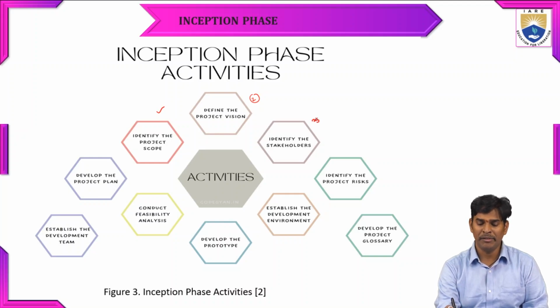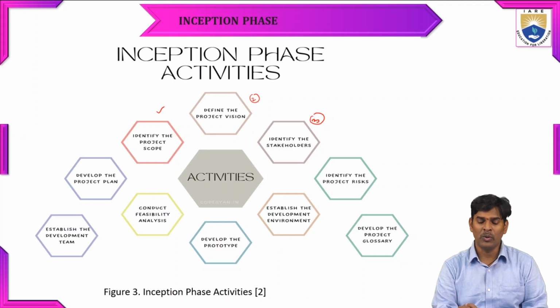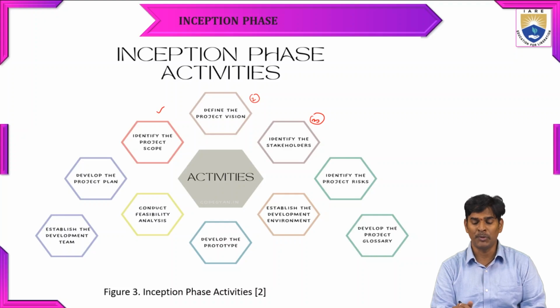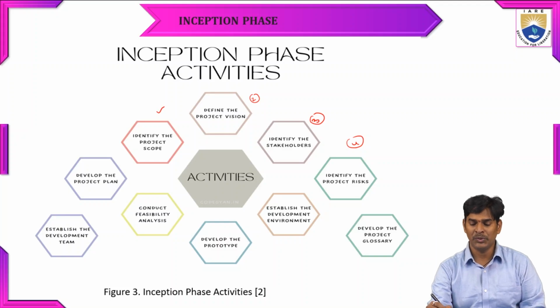And we need to identify the stakeholders. Stakeholders are very important for providing the funding for the project, and we need to identify the various stakeholders. The next one is identify the project risk. Initially they need to check what main problems will be faced during the project.